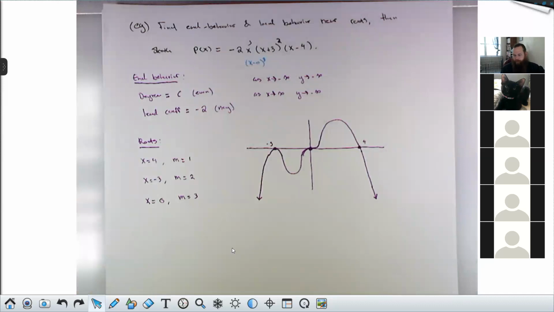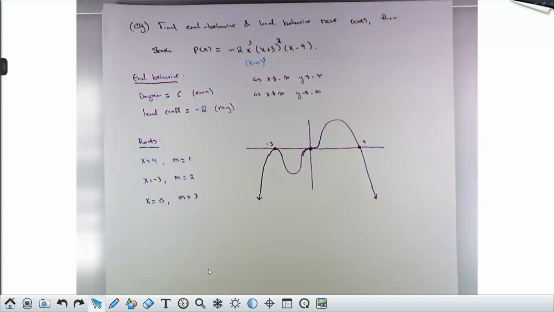Perfect. In fact, anything more detailed would be suspicious. It would make me think maybe you're using a graphing utility, but of course that's not necessary. This would be more than enough on a test. Fair question. Other questions on this? Are we all comfy with how we found the degree, the lead coefficient, the roots and their multiplicities?